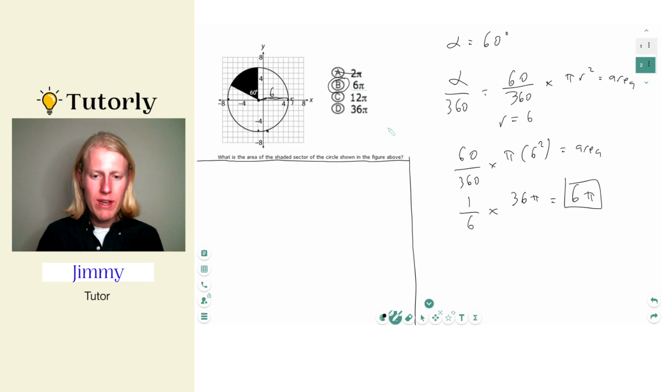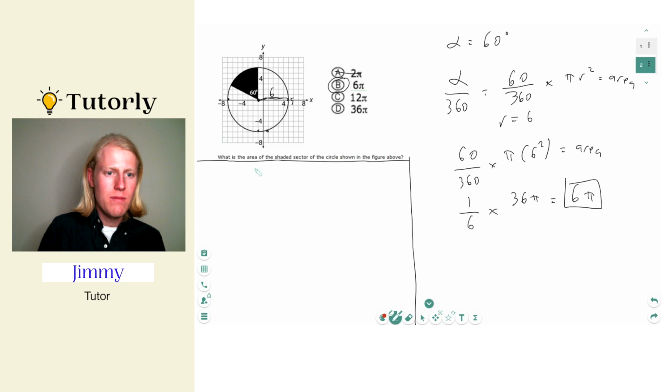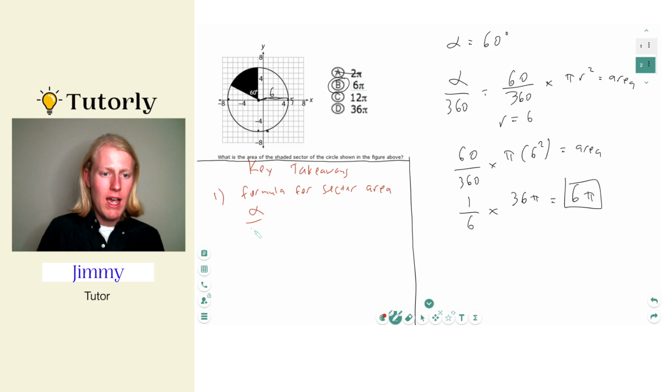Now we can look at our key takeaways. What are the main things to draw? The first thing is that we have this formula for sector area, alpha over 360 times pi r squared.